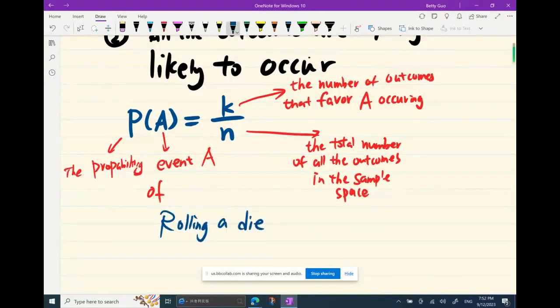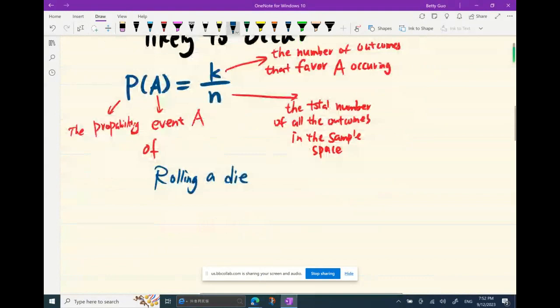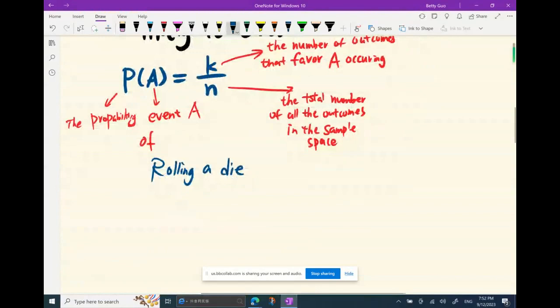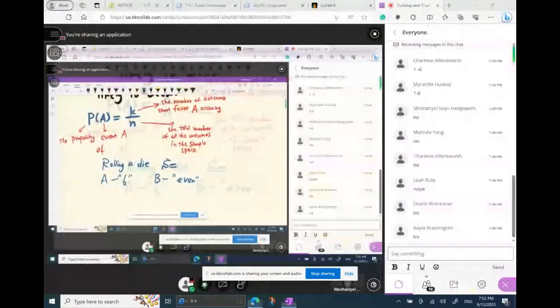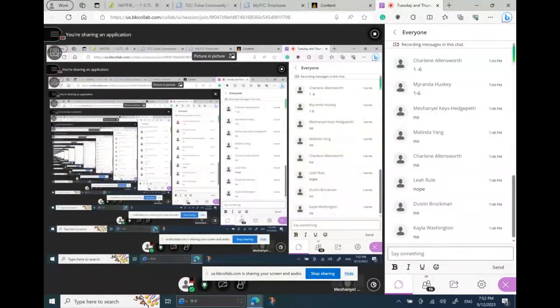Remember, A represents getting number 6, and B represents getting an even number. Do we remember what an even number means? An even number is an integer that is divisible by 2. It has a factor 2.